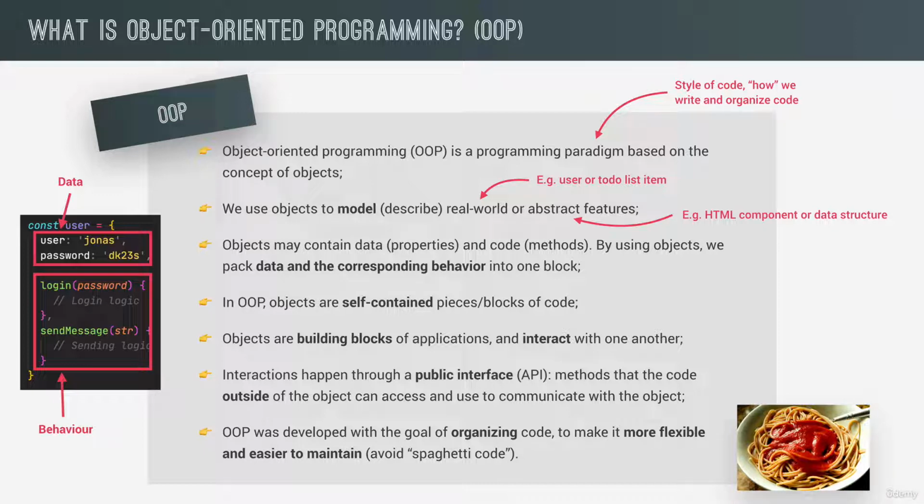So in fact, there are many other paradigms that have become increasingly popular, and one of them is functional programming. And functional programming allows us to achieve the exact same goal of basically avoiding spaghetti code. And as I have been saying, we will talk about functional programming later in the course and compare it with object-oriented programming. But for now, let's focus on OOP.